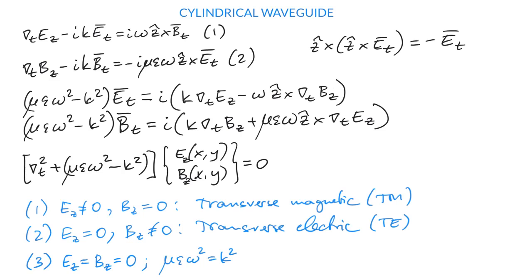Because if both axial fields vanish, the left-hand side has to vanish too, and that can only be guaranteed if the bracket is zero, because the transverse fields cannot vanish identically. Notice that this dispersion relation is the same as plane waves have in an infinite medium with the same mu and epsilon as the interior of the waveguide. This mode is called transverse electromagnetic, and it needs to be considered separately.